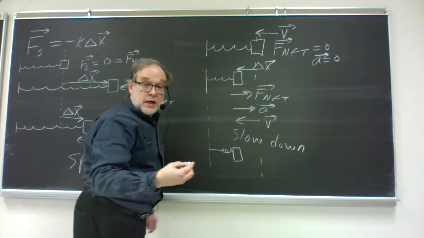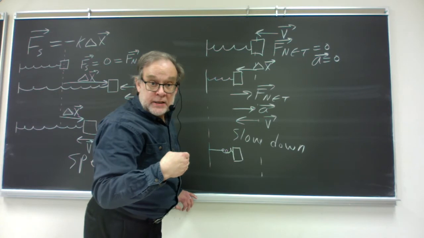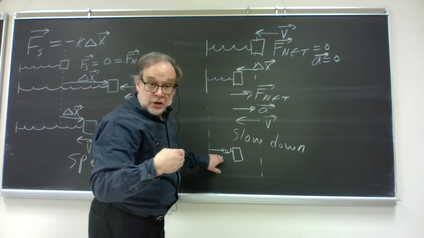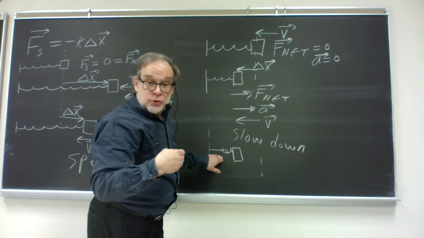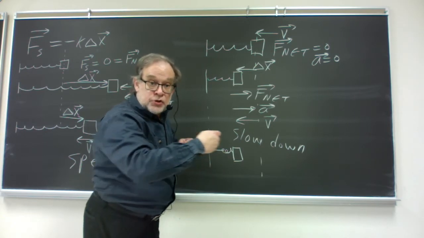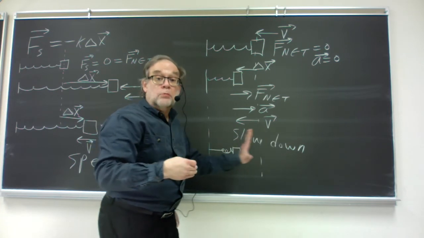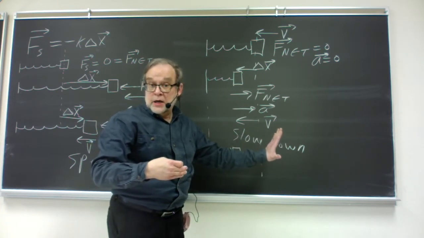When it comes to a stop, it's still displaced away from equilibrium, so the spring is still squeezed. So the spring is still going to try to snap back to its original longer length, so the spring is still pushing to the right on the mass.